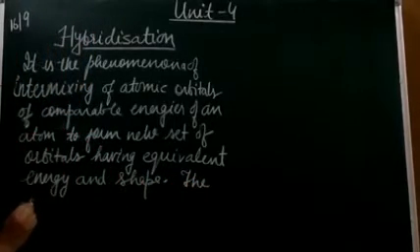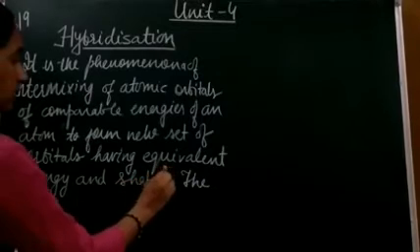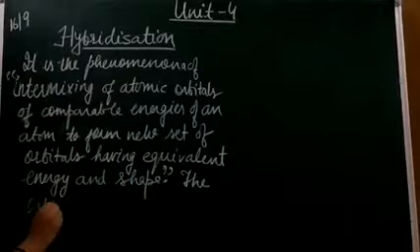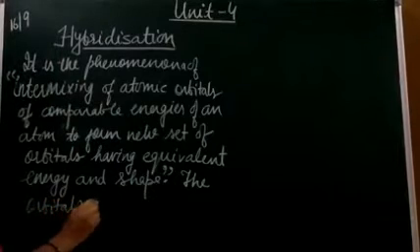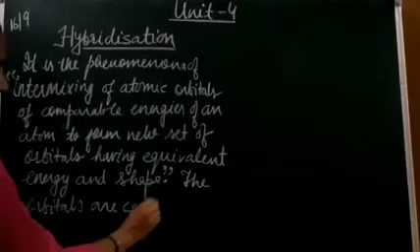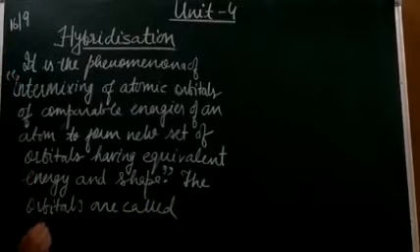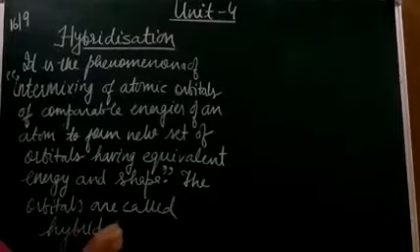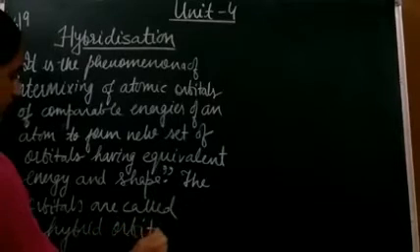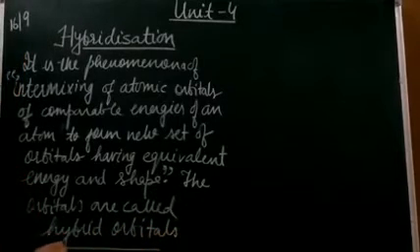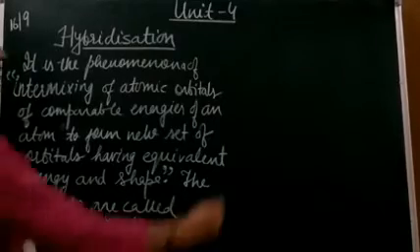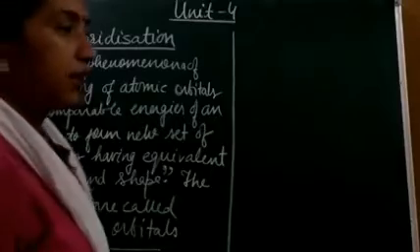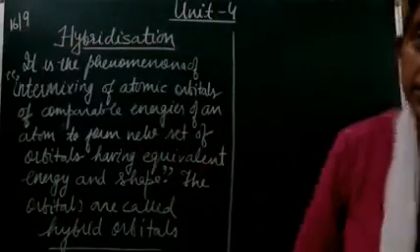The orbitals formed are called hybrid orbitals. Right, students? So in hybridization, there is an intermixing of the atomic orbitals of comparable energies.